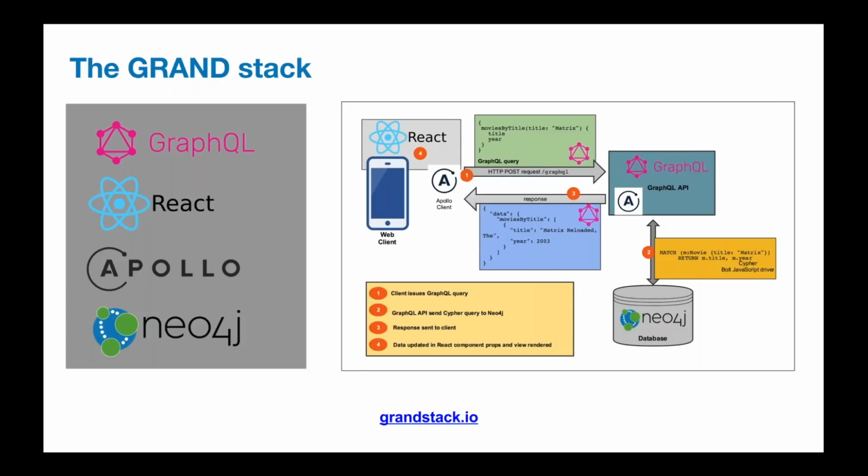It handles sending that query to our GraphQL service, which we also use some Apollo tooling. We saw the GraphQL tools Apollo package we were using as well. And then in our GraphQL service, we have our Neo4j GraphQL integration, which allows us to generate Cypher queries to send those responses to the client.